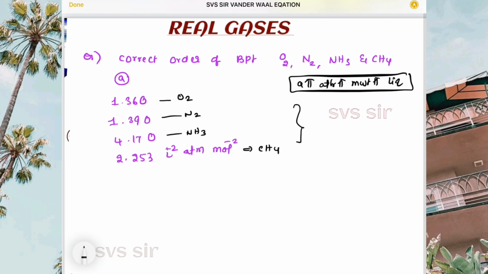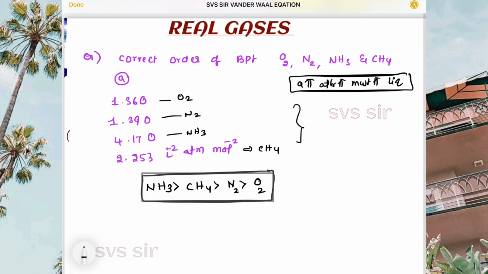So easily we can say A is more, attractions more, boiling point is more. Therefore the answer is ammonia is greater than methane, nitrogen and oxygen. This is the order of boiling point. Like this we have to answer the questions, very very important.